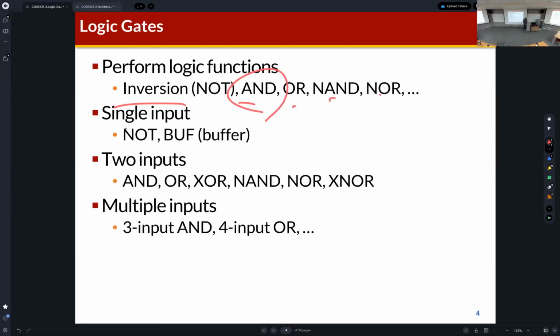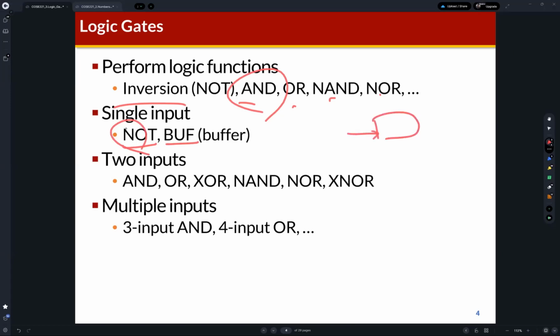Then we can classify logic gates based on the number of inputs. The NOT gate and the buffer receive a single input. It's a black box, and this black box receives only one input.